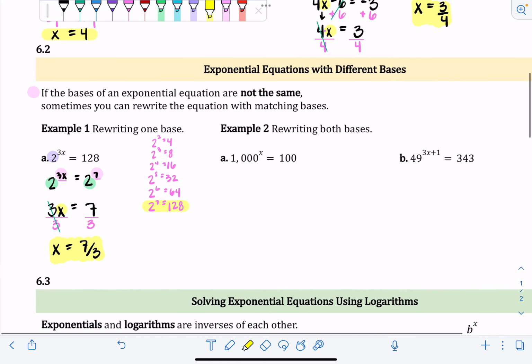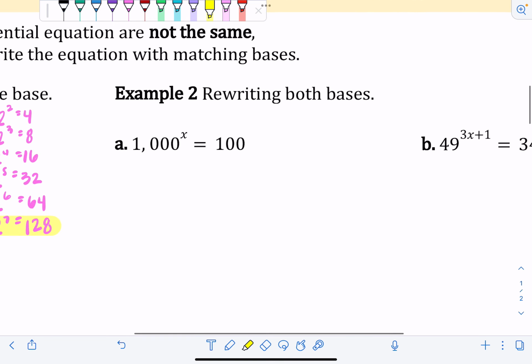Okay, so example 2, which is when we have to rewrite both bases. If we look at 2a, it's 1,000 to the x power equals 100. It doesn't really look like we would have to rewrite both bases, because if we take 100 and multiply it by 10, it would give me 1,000.